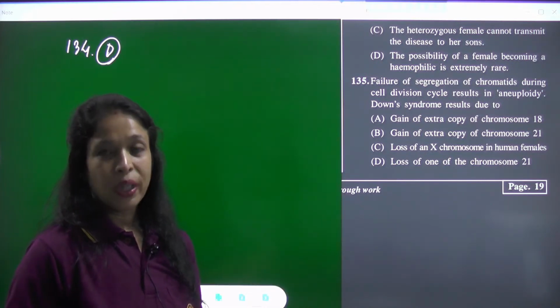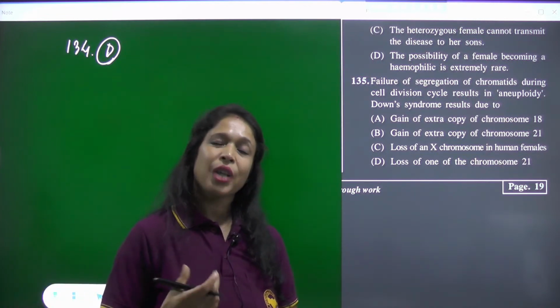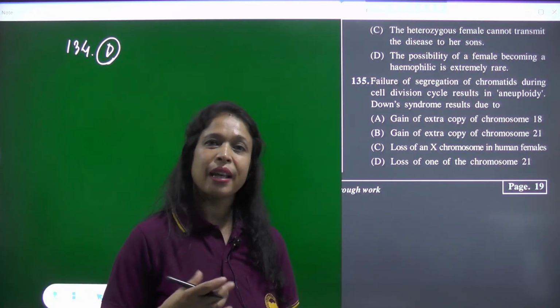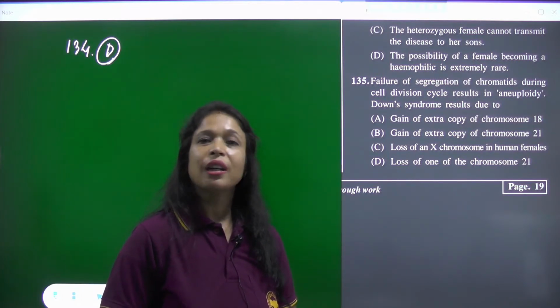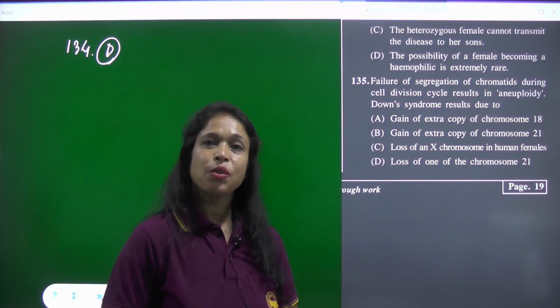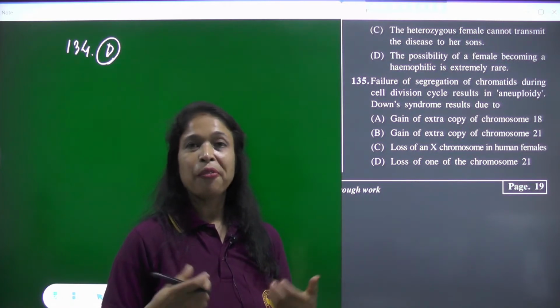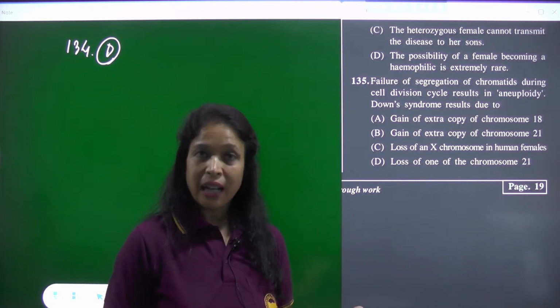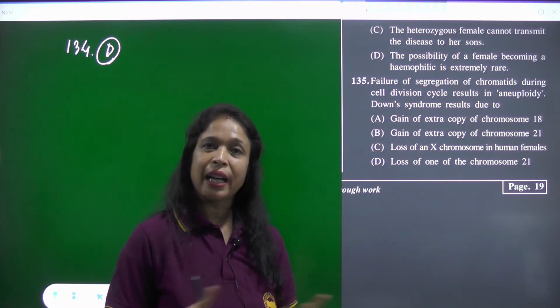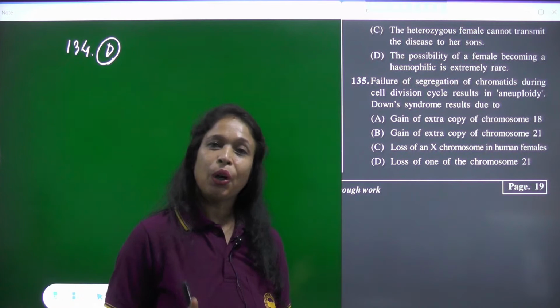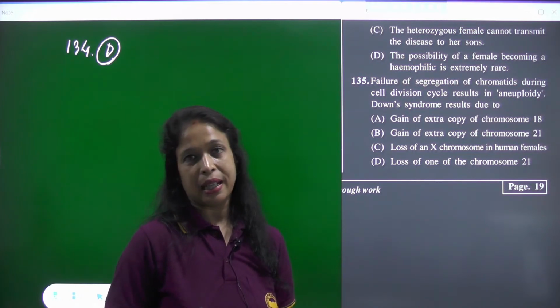So this is a genetic disorder, aneuploidy, right? Here aneuploidy will arise only when there will be failure of disjunction. What is disjunction? It is separation or segregation of chromatid during the anaphase of the cell cycle.